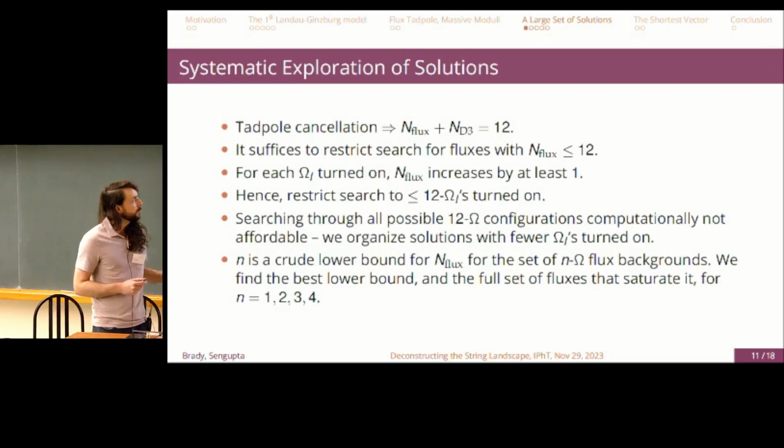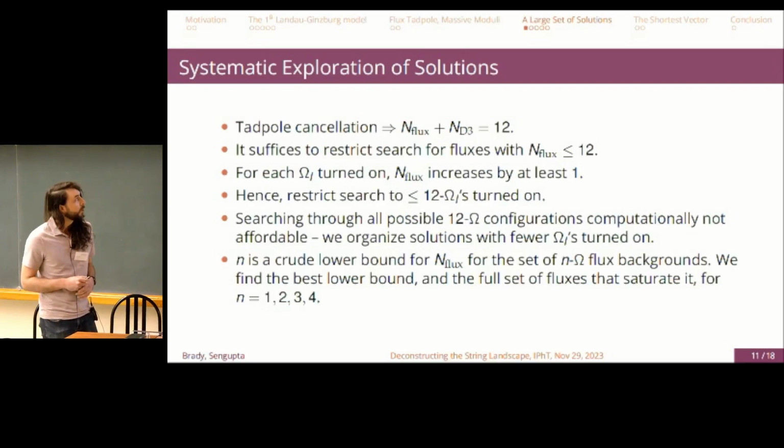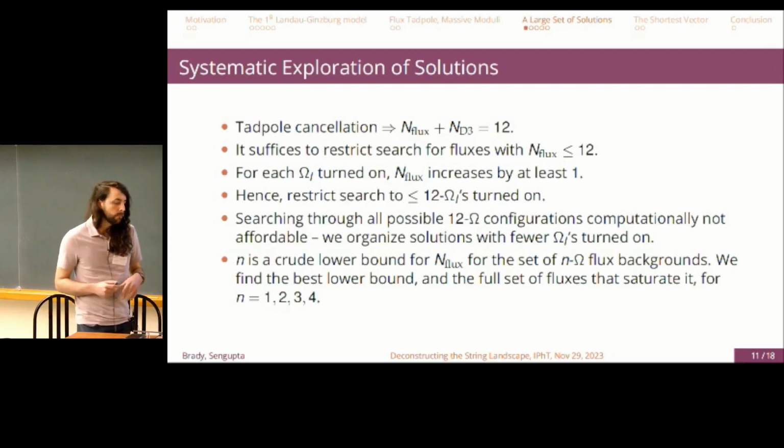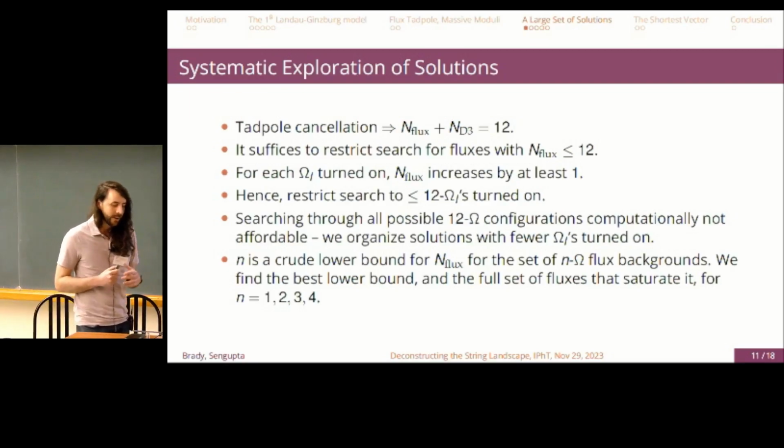So searching through all possible 12 omega configurations is obviously computationally difficult, but we present another direction of going about it by eliminating, order by order, tadpoles that don't saturate the minimum tadpole value.